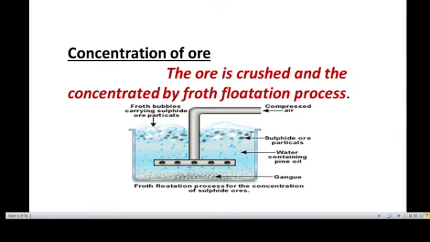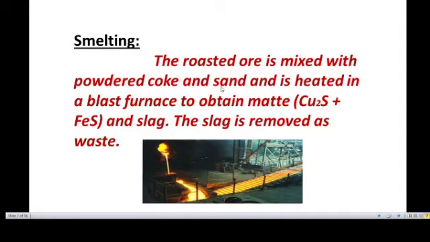Then the sulfide ore is separated at the top of the vessel. The second method is roasting. The ore is treated at high temperatures.